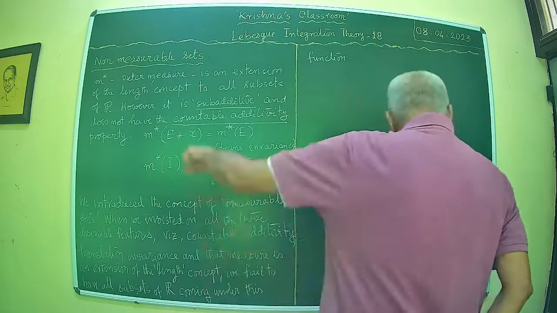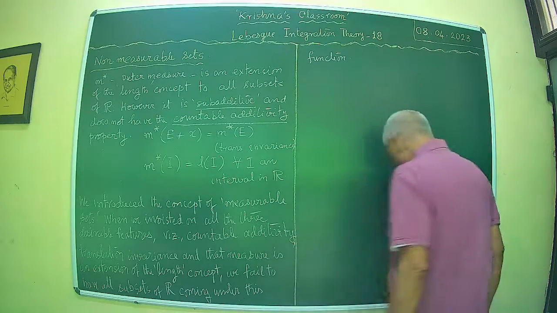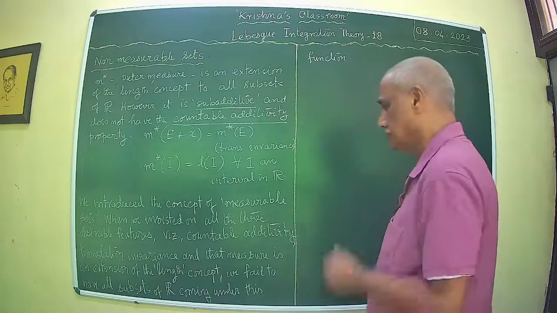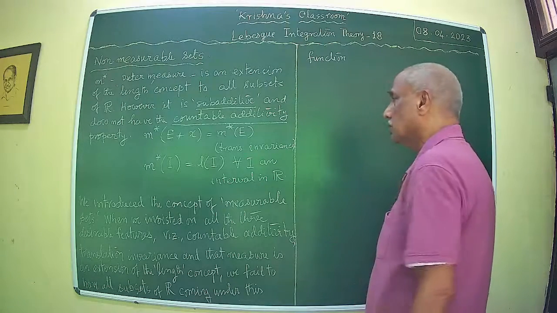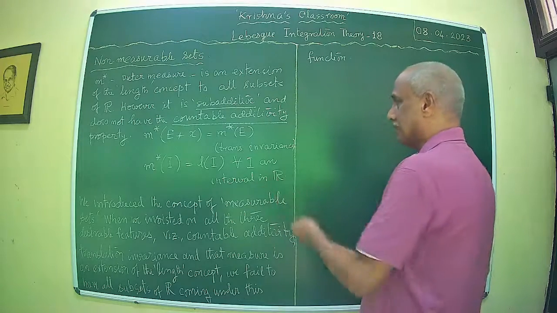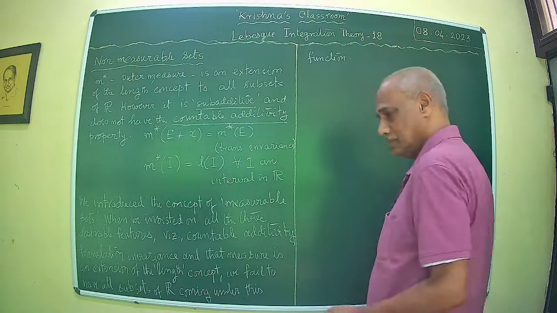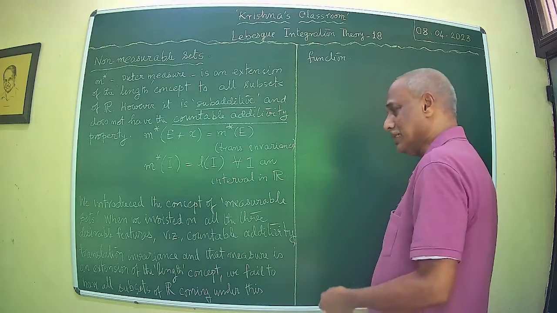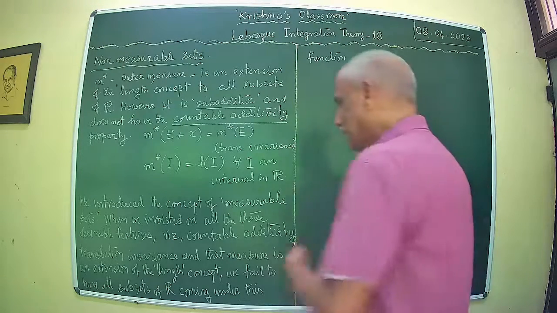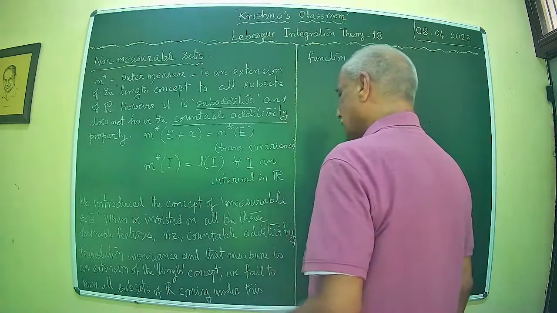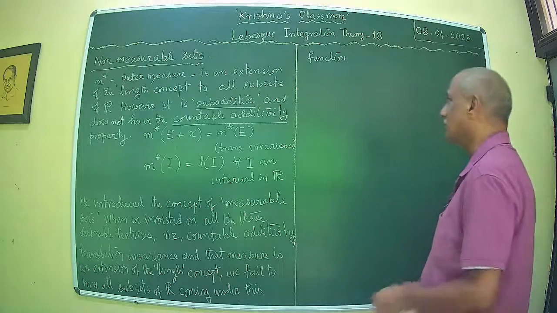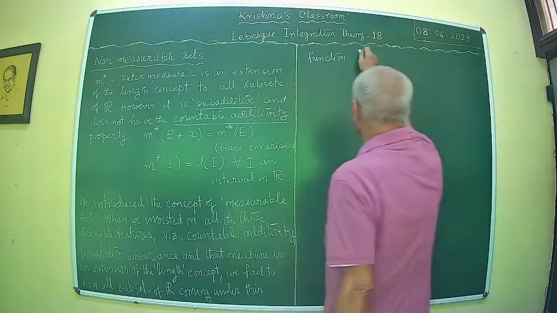So M star failed to have countable additivity. So when we picked sets for which countable additivity is true for M star, we were not sure whether it is true for all subsets of R, at least.